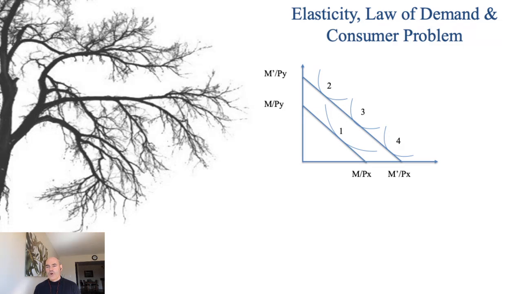So can you show me the income consumption path as you move from point 1 of the original budget constraint tangent to the indifference curve, and you move towards a new budget constraint, and you find a point where elasticity for X is equal to 0. That would be very cool. So if you want to stop this video and think about this question, I think you will benefit immensely, and I will just quickly show you how it looks on the graph.